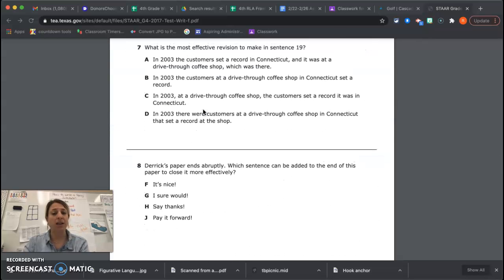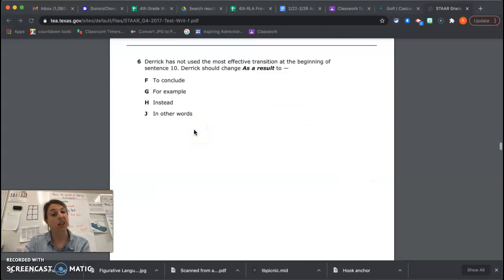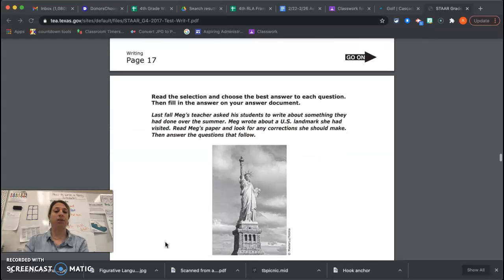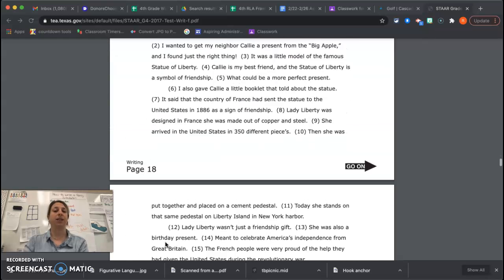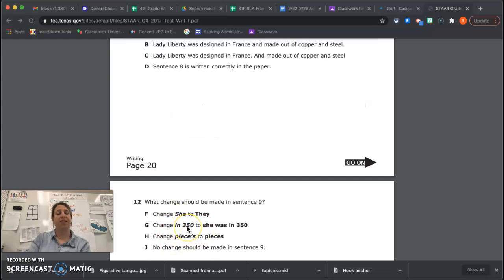Yes, there are 8 of the revising questions where you have to put a new ending, or you may need to insert a sentence or pick a transition word. And the other 16 are going to be the editing questions, where you're fixing the spelling or the commas or the punctuation so that the sentence is correct.